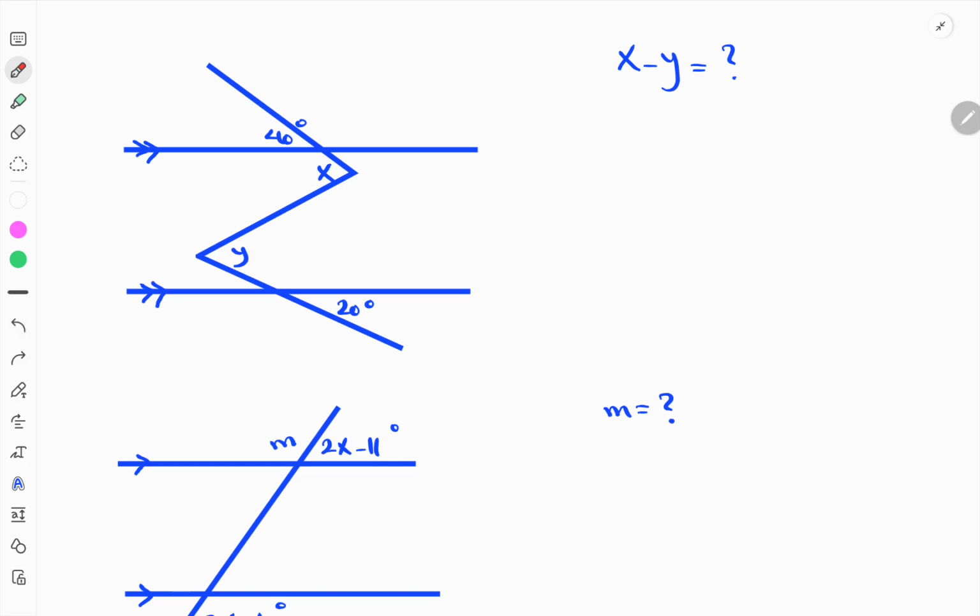First of all, I'm gonna draw, because these two lines, for example line D and D prime, are parallel, so I'm gonna draw another parallel line to D, and as I said before, this part 40 degrees and this part of angle are corresponding angles and they are equal, so we have 40 degrees for this part of x.